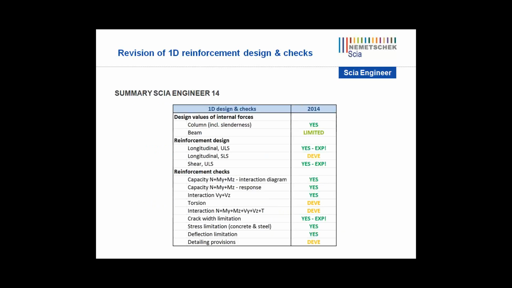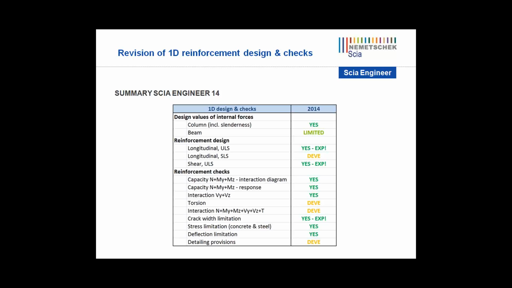Now, here is a short overview of what is in the 14 version and what is different compared to the 2013 version. As you can see, for column we have indicated yes, which means that for a column all the same options are available in the 14 beta version.